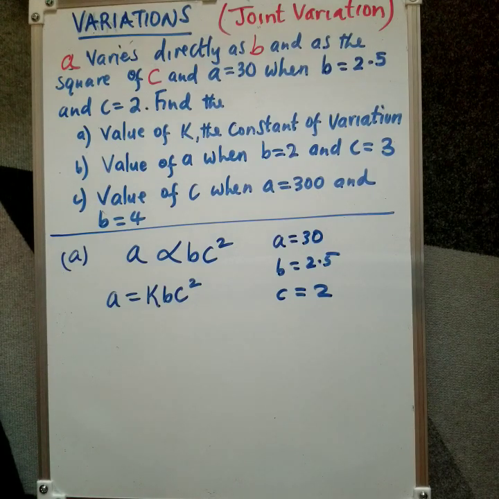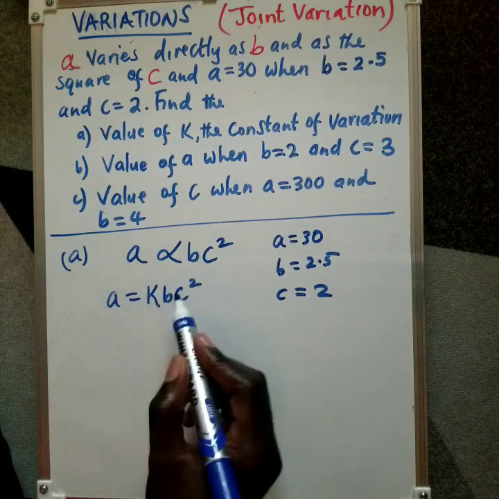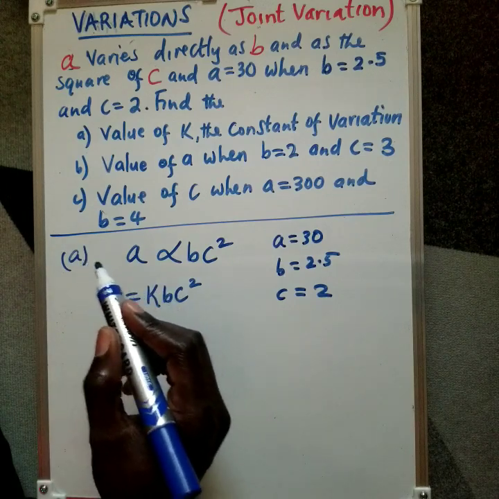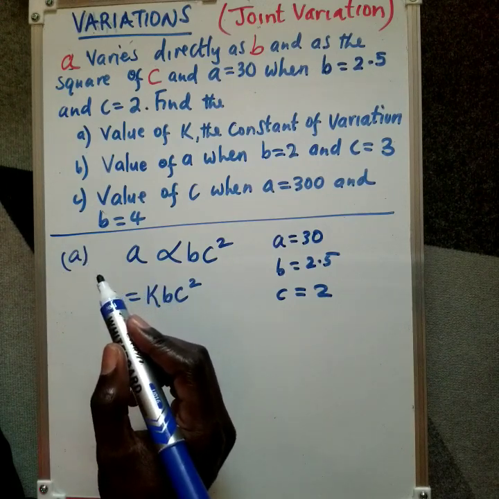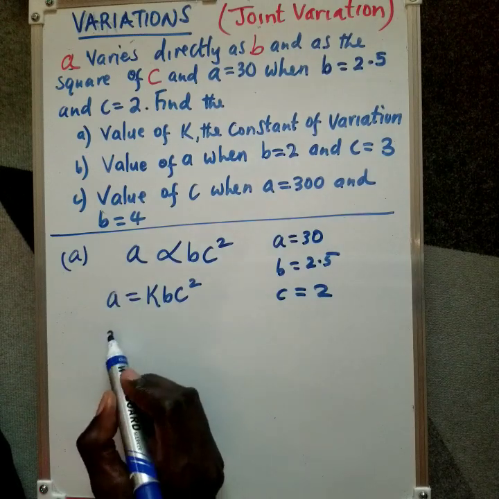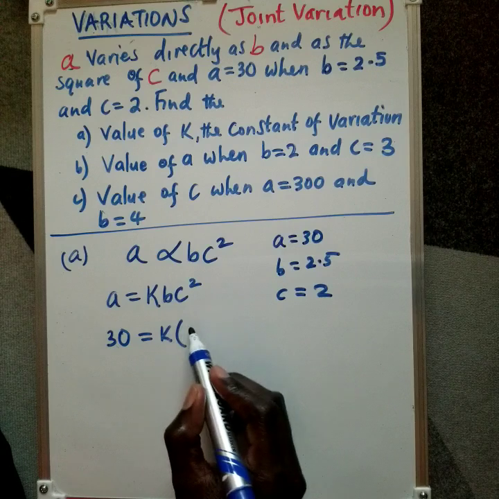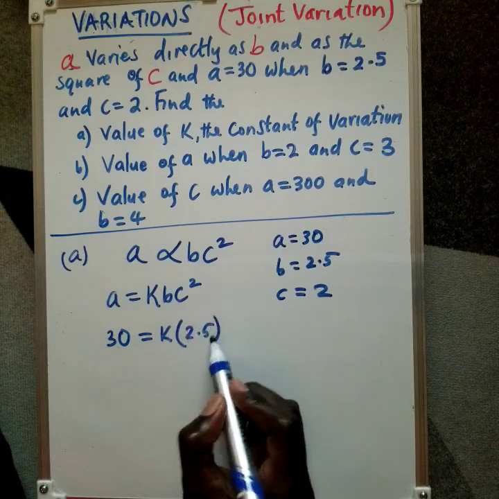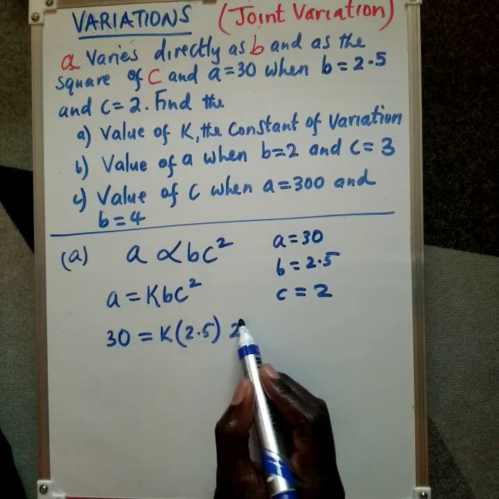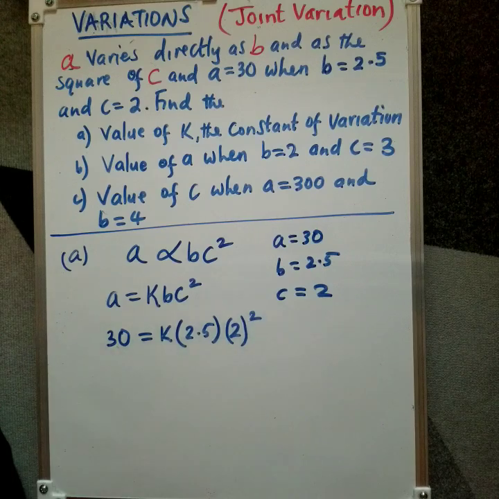How do we go about that? We just need to substitute in that expression. What is our A? It is equal to 30. We don't know what our K is. Our B is 2.5 and our C is simply 2, but that is raised to the power 2.